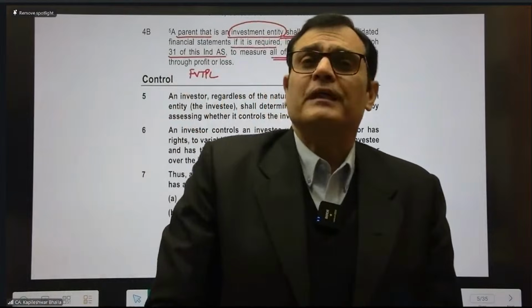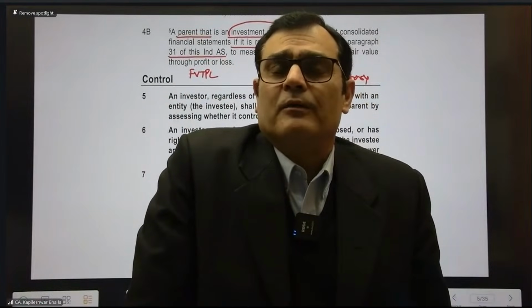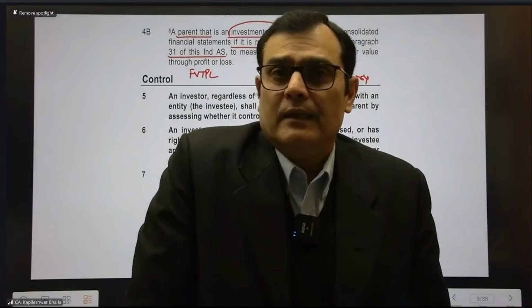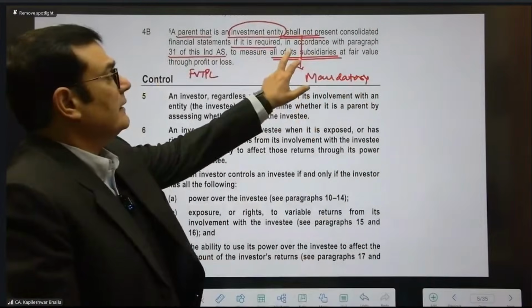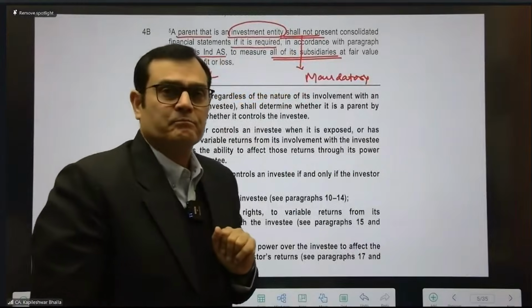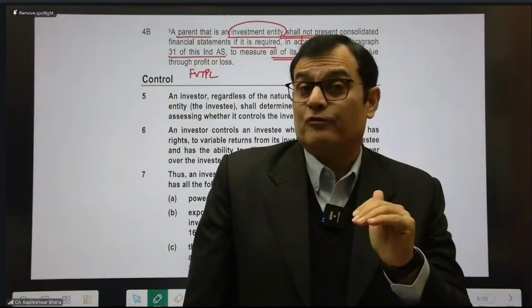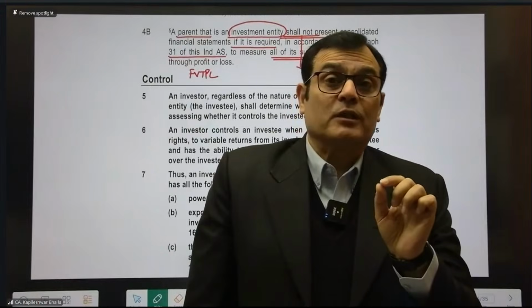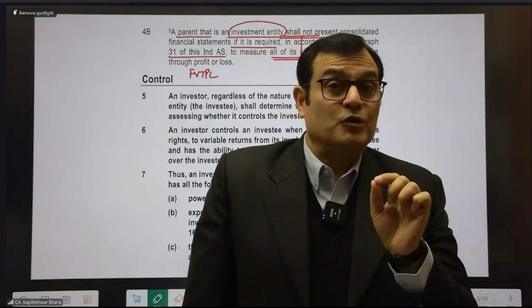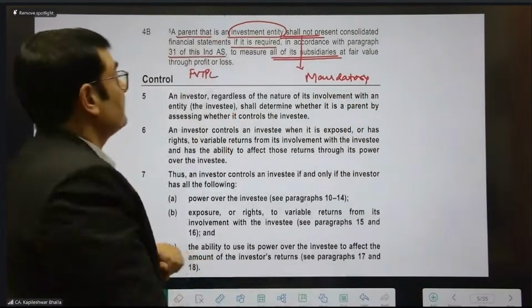But para number 4B is to be read along with the concept of para number 31 as well. Because it says out here, in accordance with para number 31 of this Ind AS. So I think before we reach any conclusions on para 4B, we need to consider what para number 31 also states. But for the time being, let me also clarify another thing.